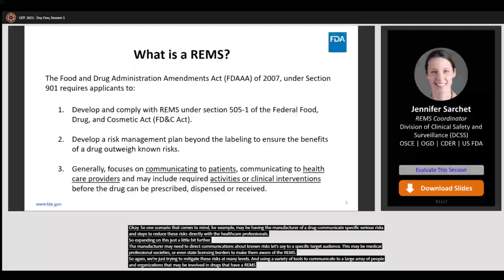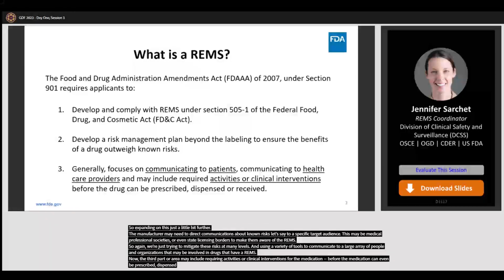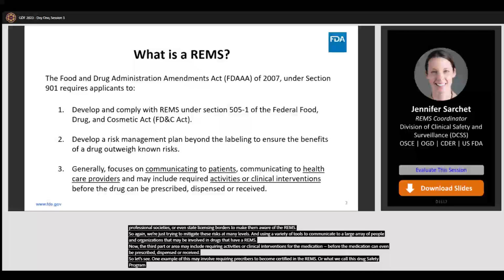Now the third area may include requiring activities or clinical interventions before the medication can even be prescribed, dispensed, or received. One example of this may involve requiring prescribers to become certified in the REMS, or what we call this drug safety program, through specific education requirements, or maybe even requiring documentation of a safe use condition.